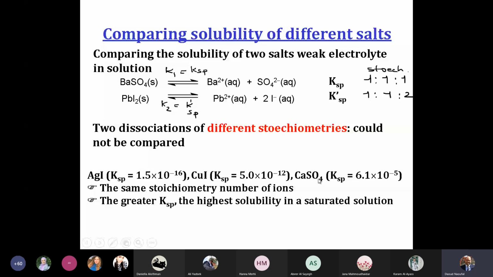So CaSO4 is more soluble in solution than CuI, which is more soluble than AgI. So keep in mind that the value of Ksp is an indication of the solubility if the solids you compare have the same stoichiometry.